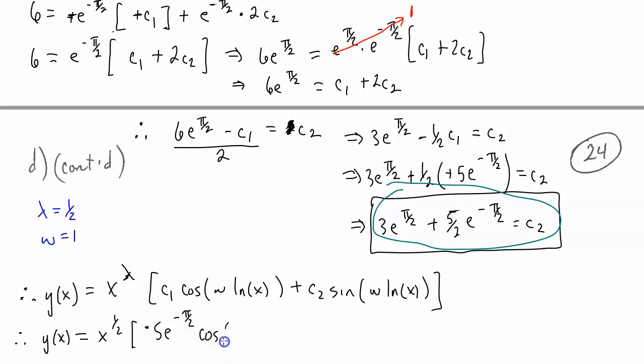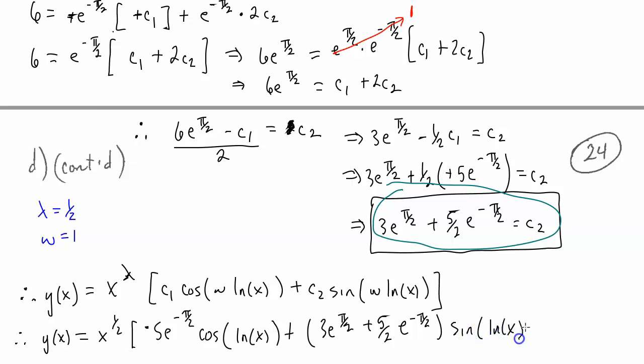And that's cosine of omega is just 1, so that's just natural log of x plus c2, 3 times e raised to the positive pi over 2 plus 5 over 2 e raised to the negative pi over 2, and all that sine of natural log of x.